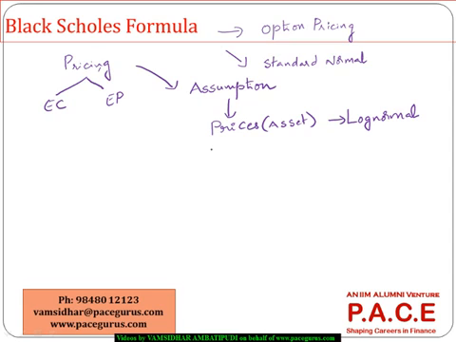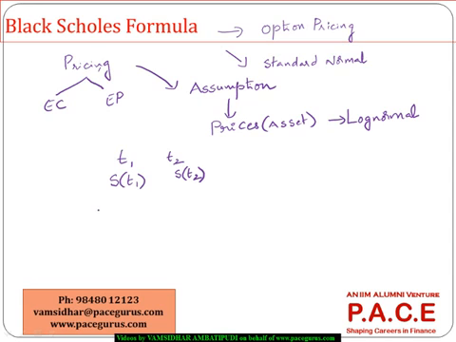They follow a log normal distribution, which means if I am looking at, let's say, two time periods T1 and T2, and let's say I am observing that the price at T1 is S of T1 of the asset and the price at time T2 is S of T2.